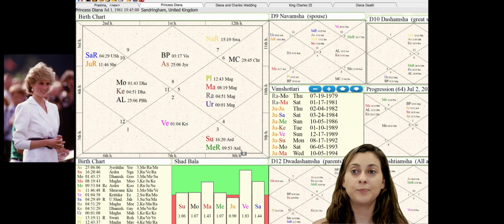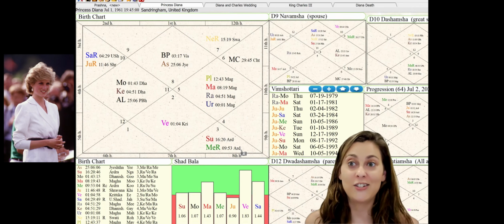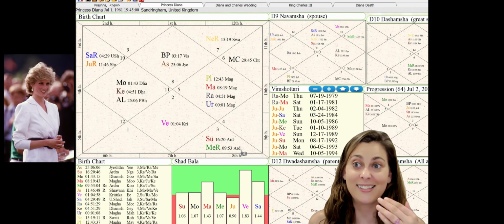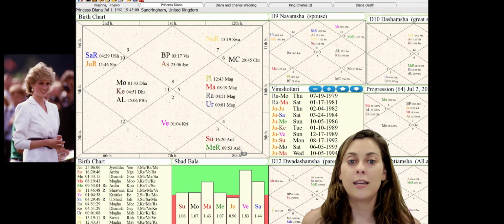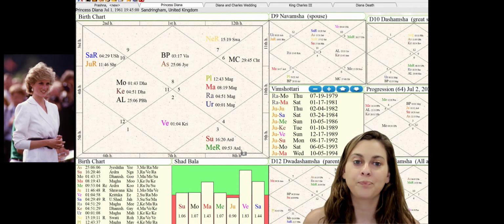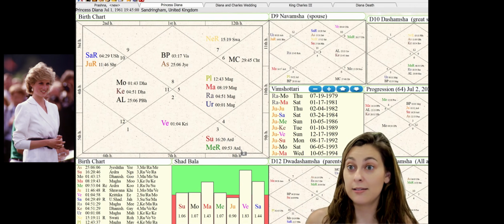It's the house of hidden occult knowledge, things that we have to investigate to know, so occult sciences, astrology, tarot, right? Things that you have to do investigative work on. It can be just deep sciences, things of this nature. But it's also the house of the spouse's money.